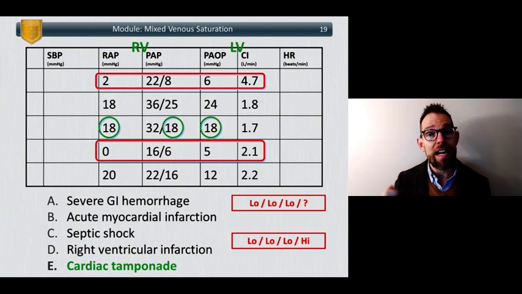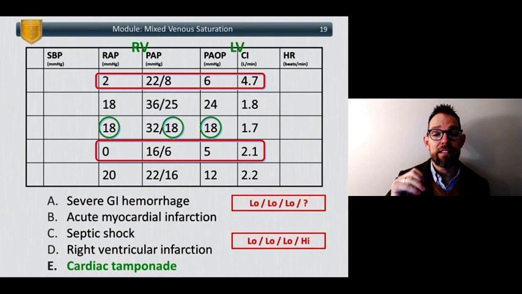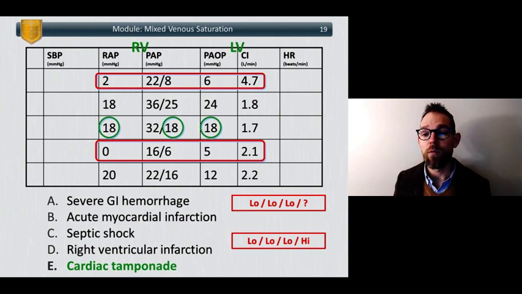Looking at that, which of those remaining answers has a high cardiac index? Well, we know that in a hyperdynamic state, septic shock has a high cardiac index. So that means septic shock matches up with line 1. And now, what other one has a low right atrial pressure? An MI is not going to have low right atrial pressure, and certainly not a right ventricular infarction.